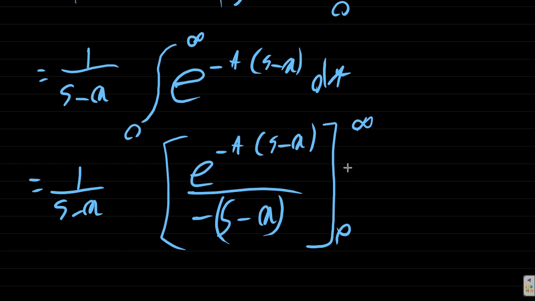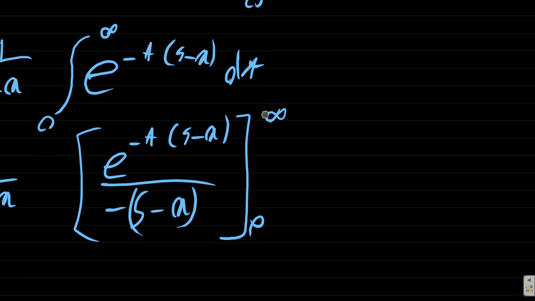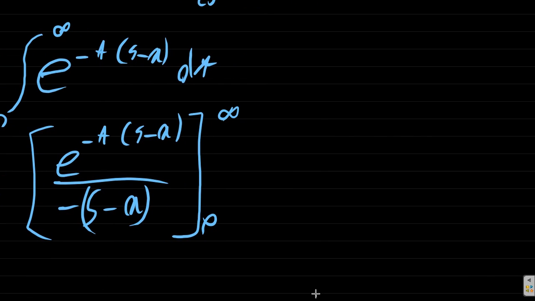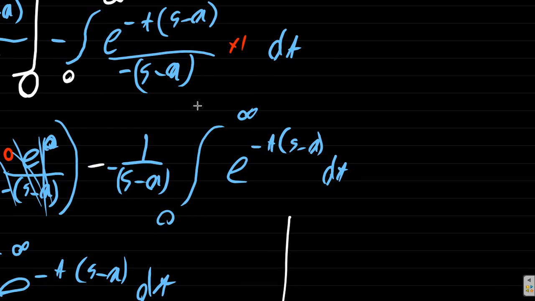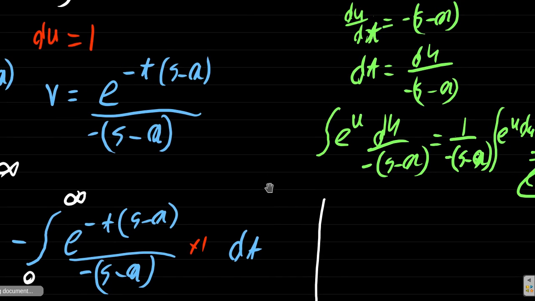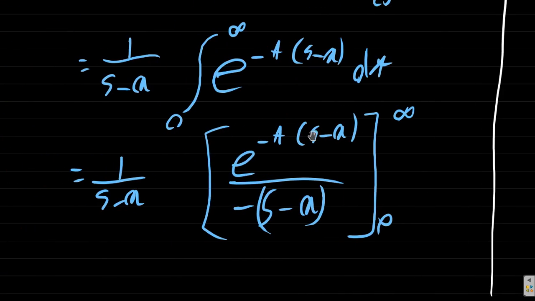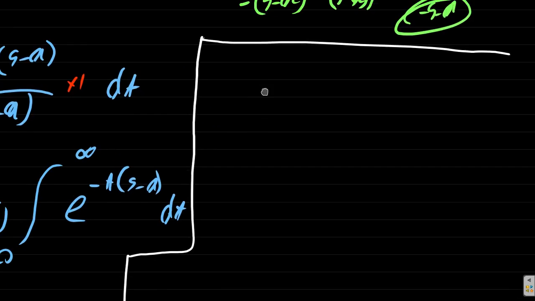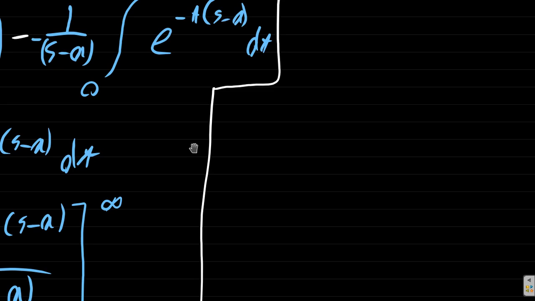Now, what will happen here? We've run out of scrolling space. So let's use this space over here to continue our work. Can't scroll down anymore. So let's come back up here. 1 over s minus a. So we have 1 over s minus a times what now?